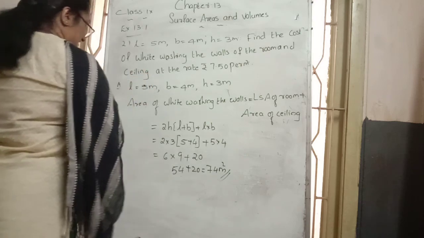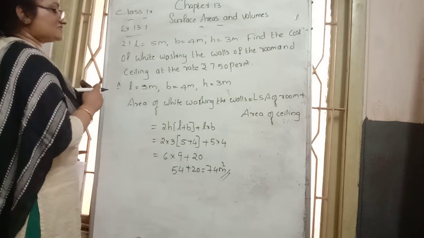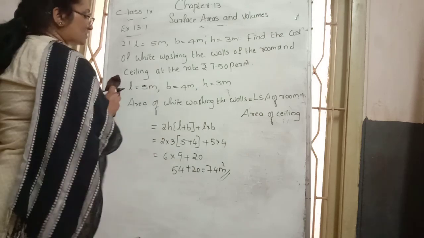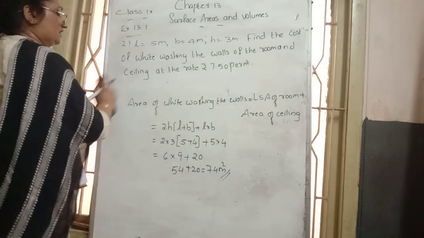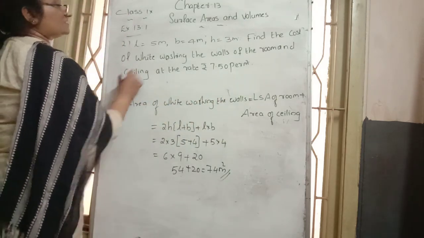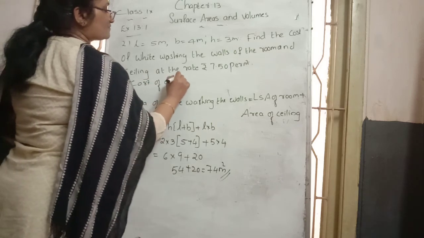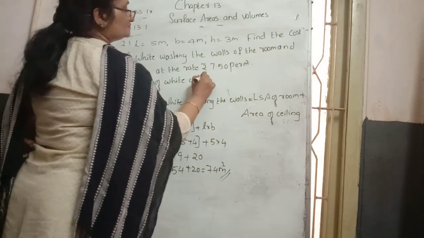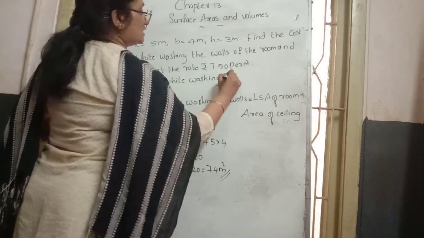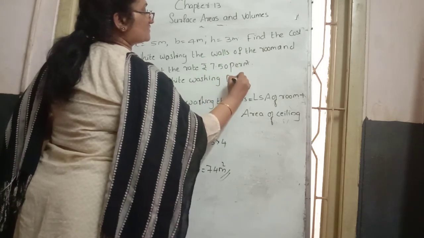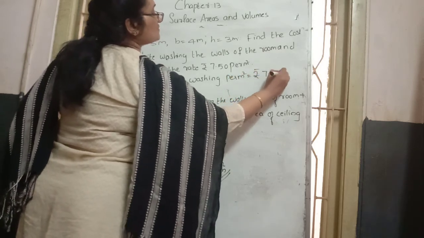The cost is also asked in the second part. How to find it? I hope you can understand this. When the cost is asked, the process is the same. We can write it as the cost of whitewashing. Here, the amount per meter square is given: 1 meter square is 7 rupees 50 paise.